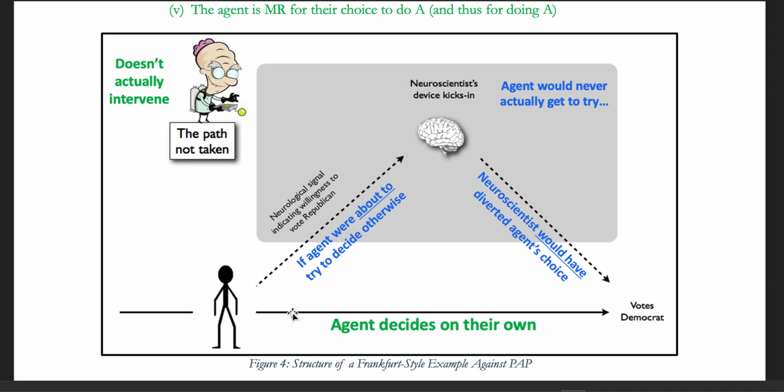Now the response is this ability to do otherwise right here is irrelevant. It's not enough. You can't just have the ability to do otherwise be an involuntary tick. Now remember, the signal is supposed to be like a blush or an eyebrow twitch, and that's going to let the neuroscientist know what you're about to do. Okay, this would be trying to do something else, like forming an intention to vote Republican or starting to try to walk over to the door.